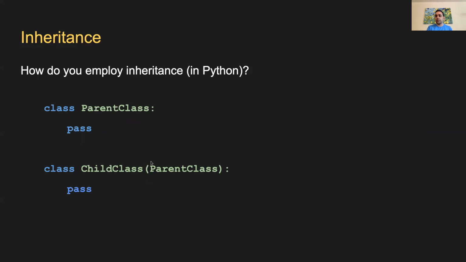But the syntax here is to add parentheses and pass in the name of the class you want to inherit from. So in this case, my child class is inheriting anything that the parent class has in it. Obviously, right now we just have pass statements, so nothing actually is being passed. But that's our syntax.